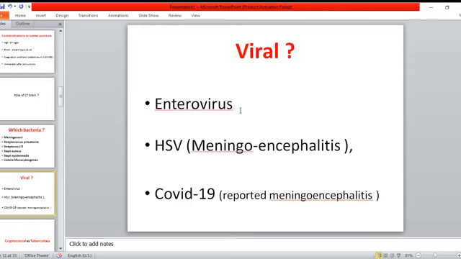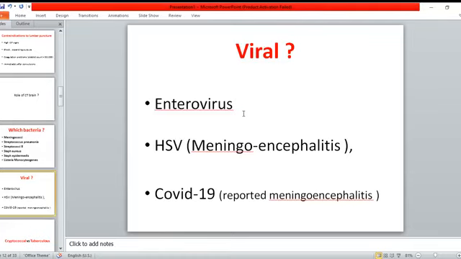So fever and the classic clinical features of meningitis, and CSF showing evidence of viral infection: normal glucose, a minimally elevated protein, and lymphocytic CSF, and negative cultures for bacteria. So it's a viral infection.